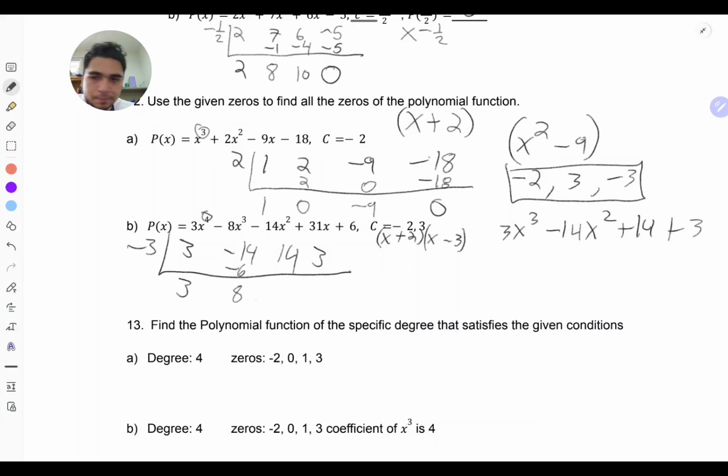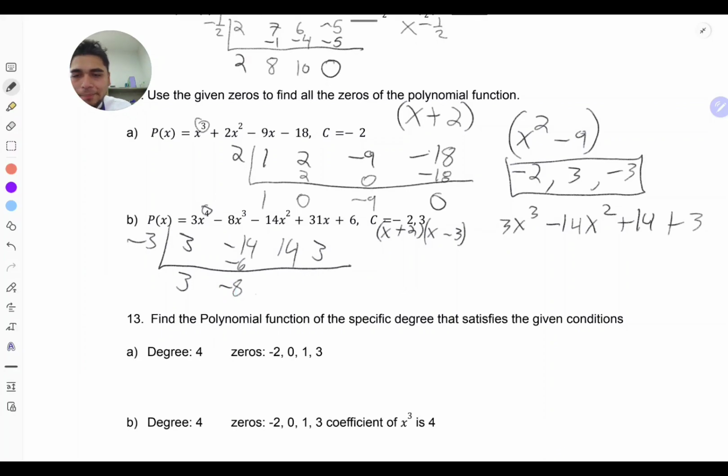Okay, so negative 8, my bad. Negative 8 times negative 3 is equal to 24. Okay, positive 24. 14 minus 24 is just equal to negative 10.